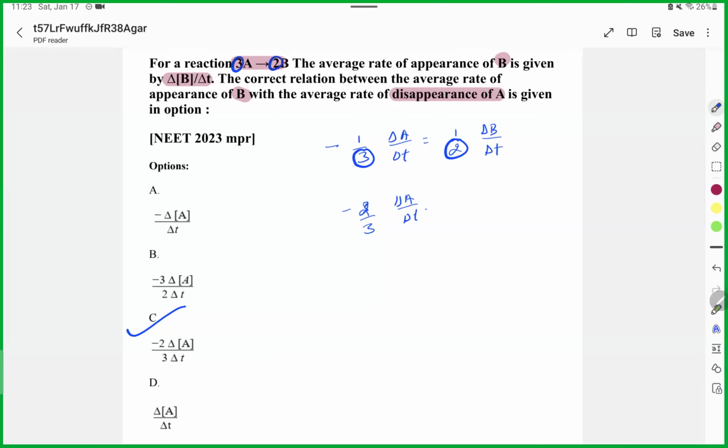Now you have to calculate only this part, delta B by delta T. How to calculate? This 2 will go to the other side. Multiply, done.